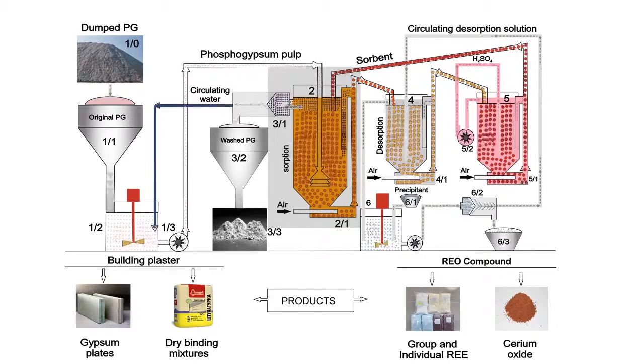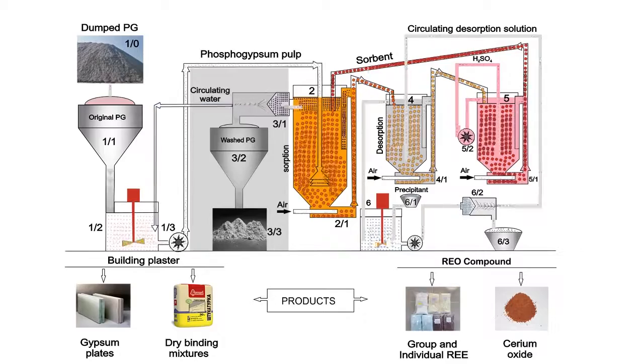At the third step, separation of the solid and liquid phases of the washed phosphogypsum pulp is carried out on the unit of continuous action, position 3-1, for example a centrifuge, intended for separation of liquid and solid phases and washing.